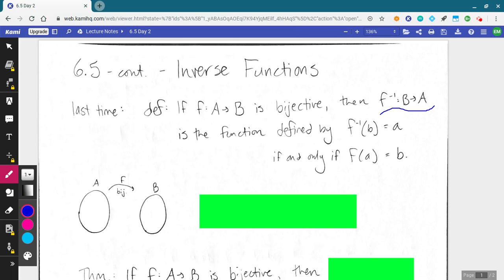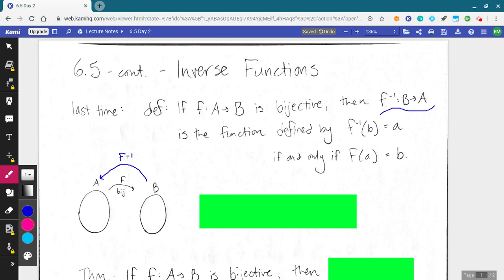Well, today we're going to play around with a couple more situations, make a couple of observations, and work through the details in proving them. And the first observation comes from our basic picture here of our function f from A to B. Right, if f is bijective, well then f has an inverse function, f inverse.